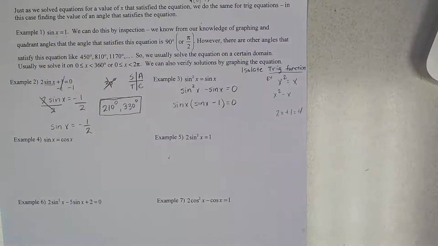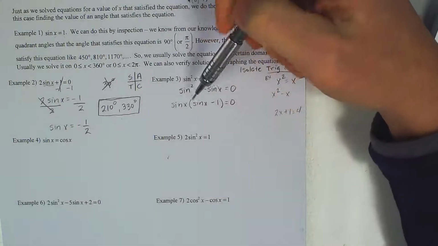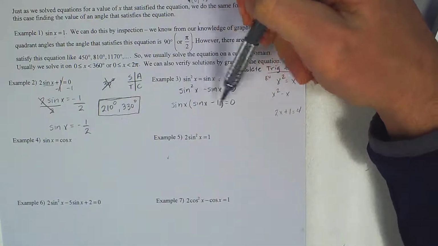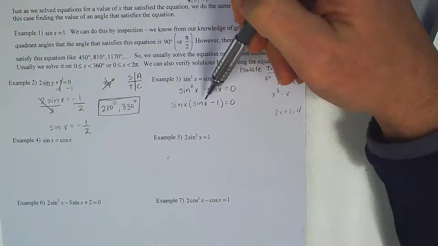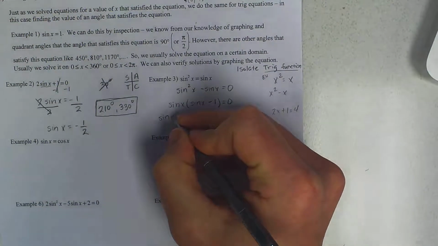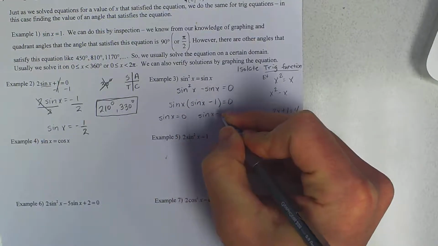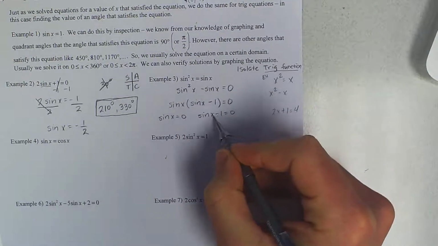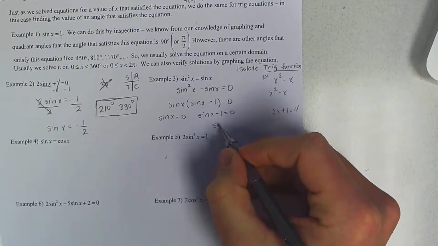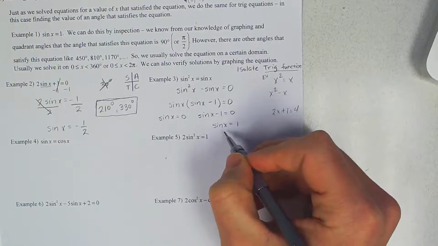Now this is the zero product property, just like with factoring. What the zero product property says is, if a times b is equal to 0, then a equals 0 or b equals 0. So we would say sine x is equal to 0 and sine x minus 1 is equal to 0. We're going to solve this one by adding the 1, and then here we are truly isolating the trig function once we get it to here.